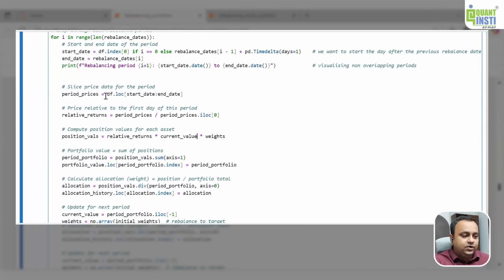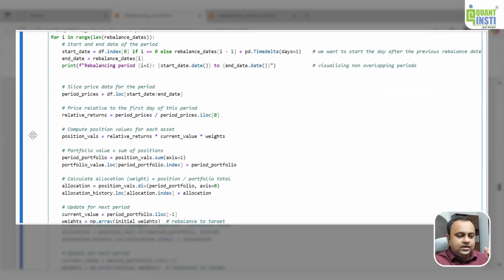Here I'm using df.loc for the start date to end date ranges and storing all the prices during the period. Using these period_prices, I compute the relative returns. And I use .iloc[0] as I did in my initial example. I finally calculate the position values by multiplying these relative returns by the current values and by the weights.